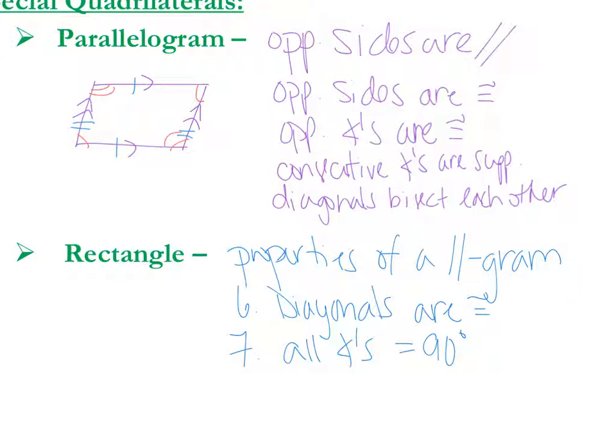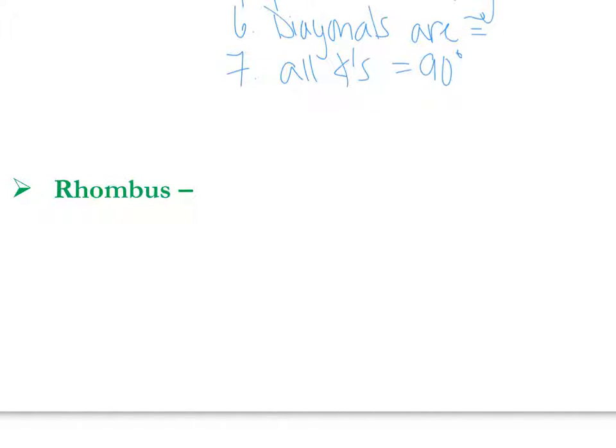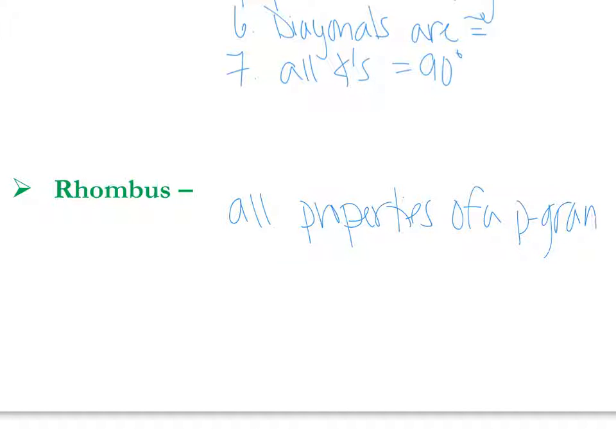Next up, just kidding, not a kite, I missed the rhombus. So back to the rhombus. We are going to do all properties of a parallelogram, so you're going to list those 5 first. And then to add on, property 6 is diagonals are perpendicular.